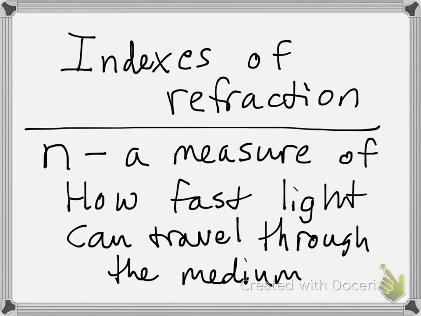Now it turns out that air has a very, very low index of refraction. And so for all intents and purposes, the speed of light is unchanged in air. And so we say that n of air is equal to 1. Okay? The n of air is equal to 1.